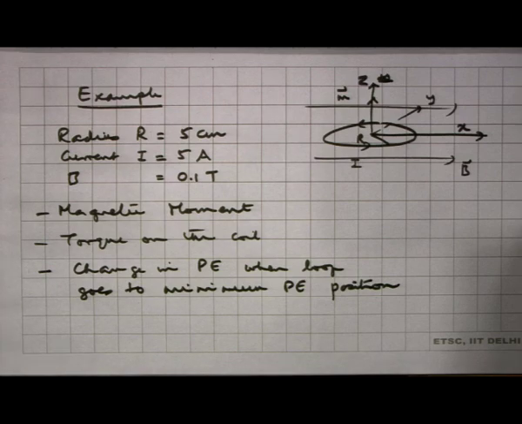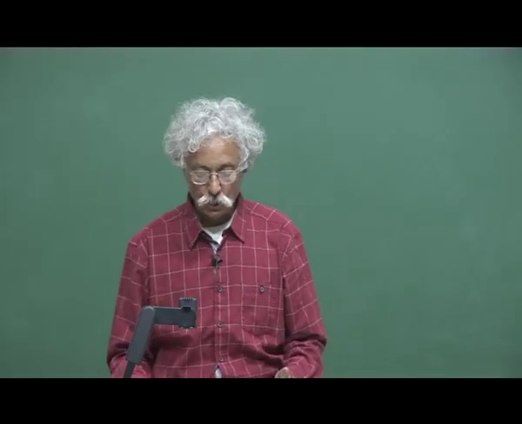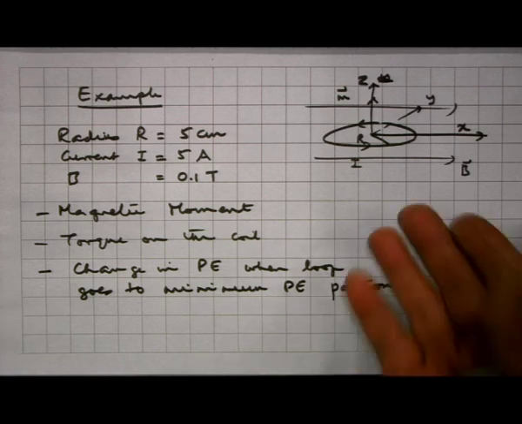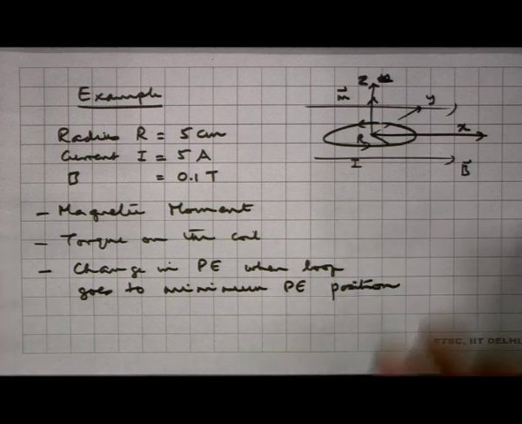So, we will discuss this in the next class, but in the meantime I would urge you to think about this using these numbers: calculate the magnetic moment of the loop, the torque on the coil, and also the change in potential energy when the dipole goes from this position to the minimum position.